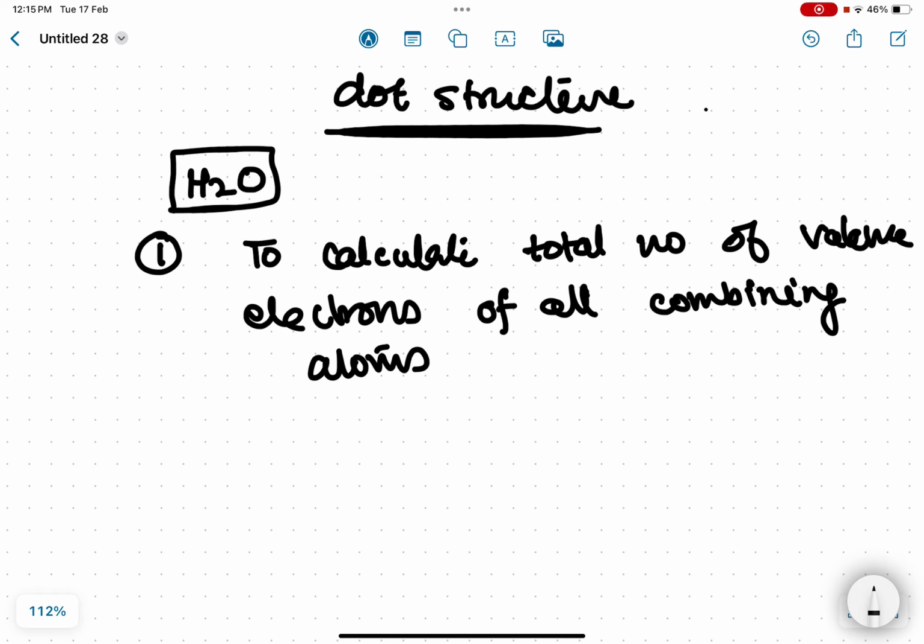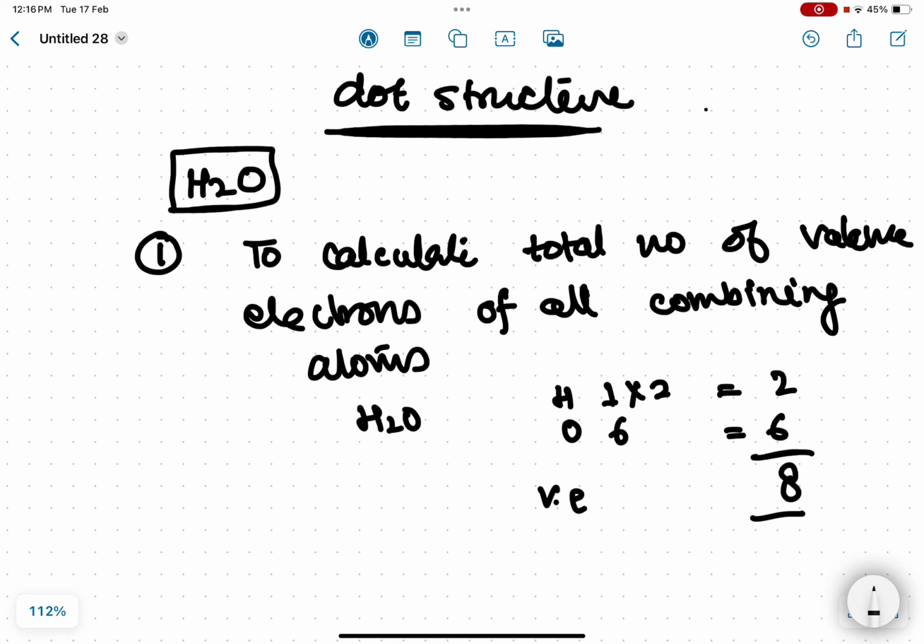So if we see here in H2O, for hydrogen there is 1 each, and for oxygen there is 6. So it's a total of 8 valence electrons. Total number of valence electrons is 8.